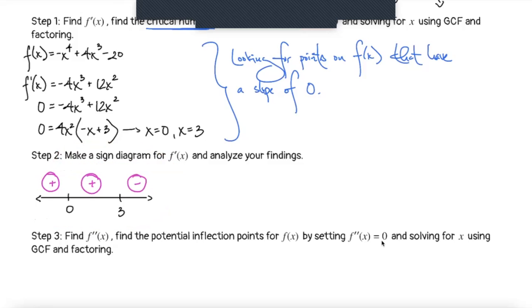All right, so we've made our sign diagram, and it might be nice to write out what we did here so that when we come back, we're not just like, oh, we had these pluses and minuses. We want to make sure we remember how we got those.